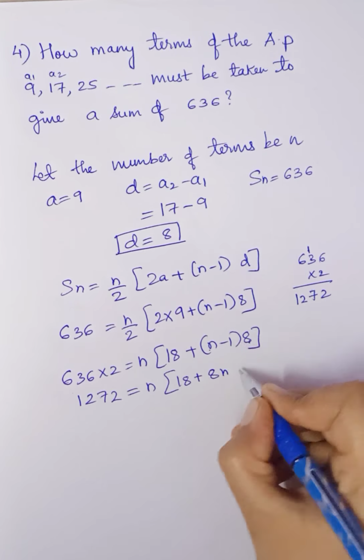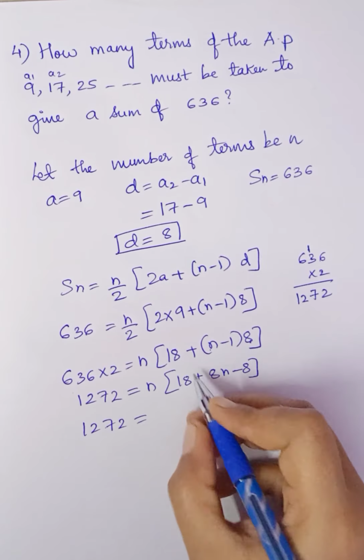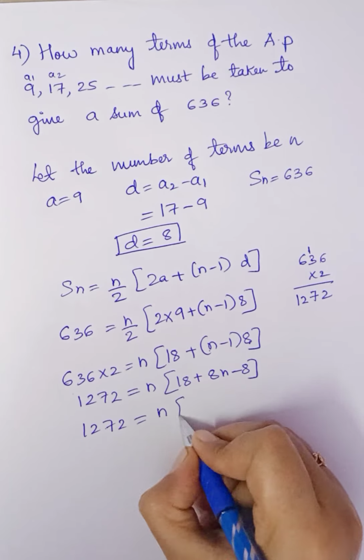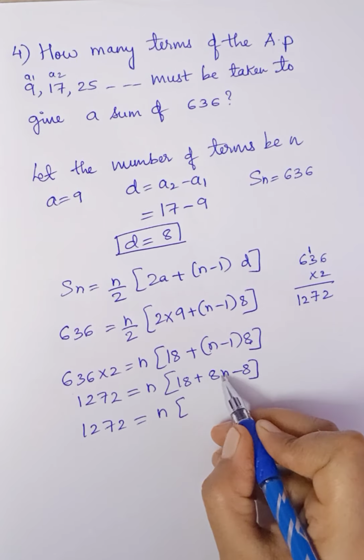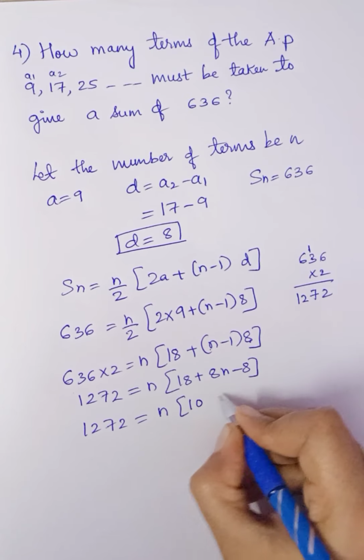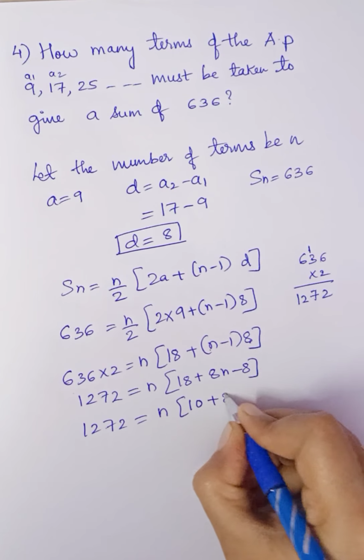So 1272 is equal to n into, see, these two numbers don't contain any variable like n, so I am going to combine them. 18 minus 8 is 10, plus 8n as it is.